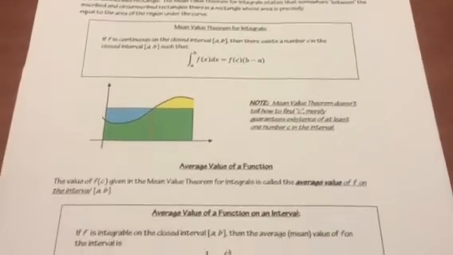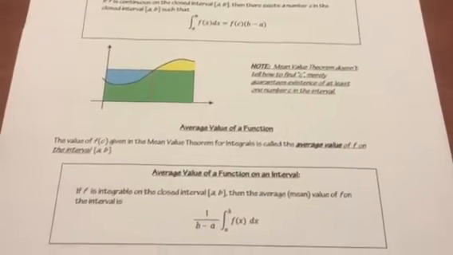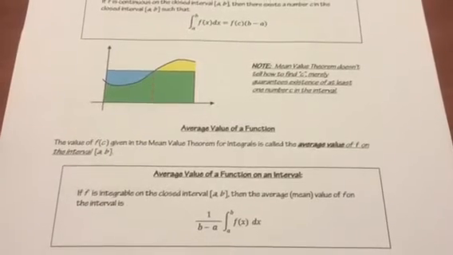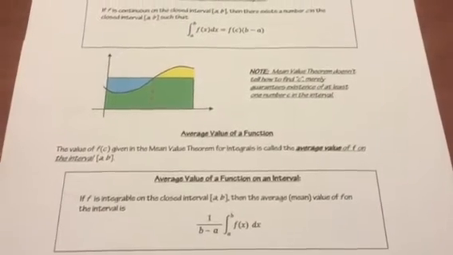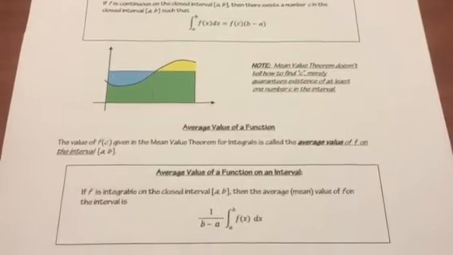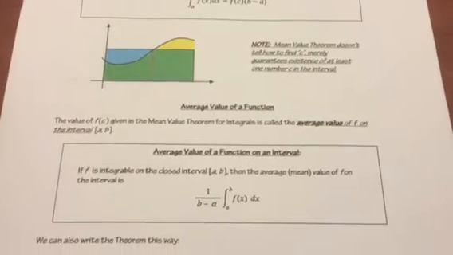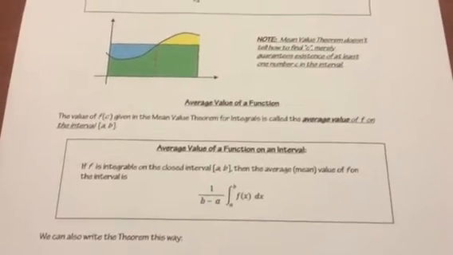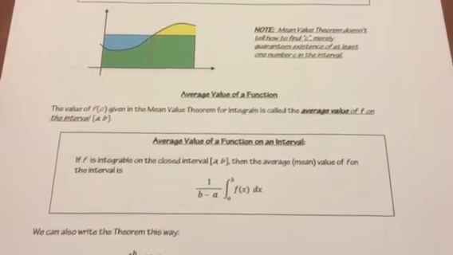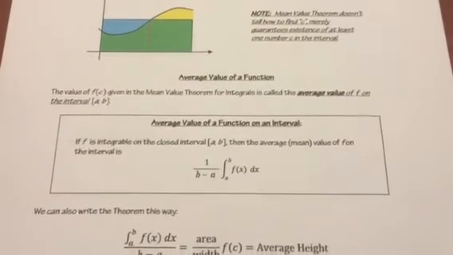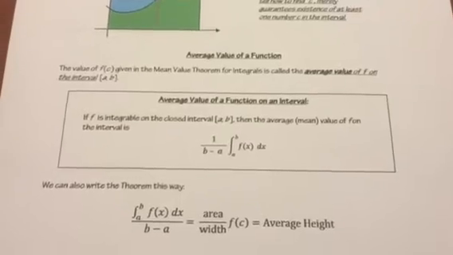So that's going to help us to find the average value of a function. The value of f of c given in the mean value theorem for integrals is called the average value of f on the interval from a to b. And right here you have a formula to find the average value of a function on an interval. And then we can also rewrite the theorem this way.